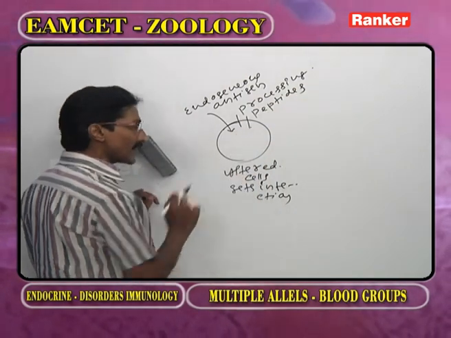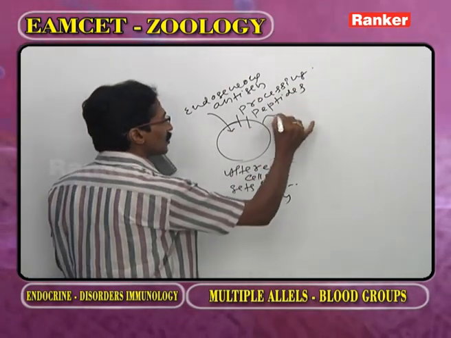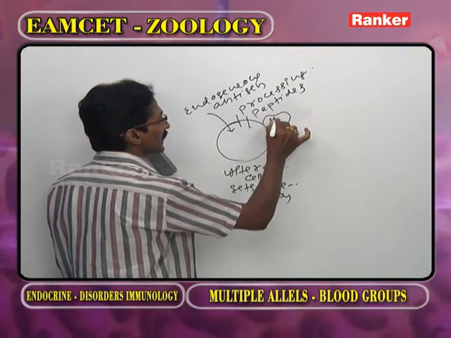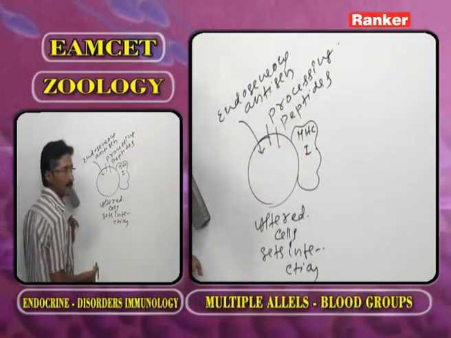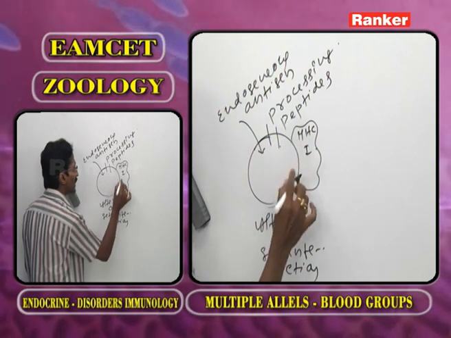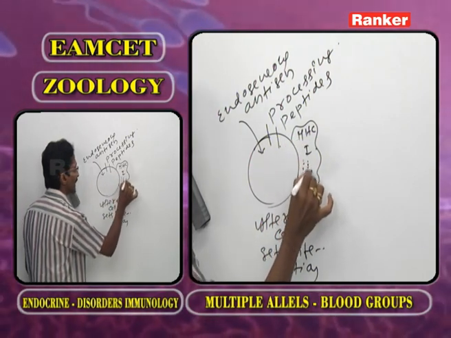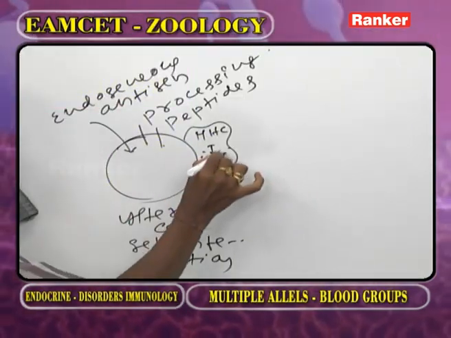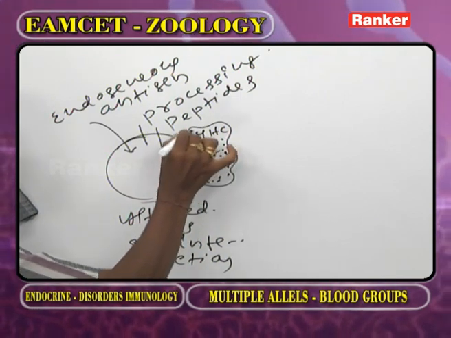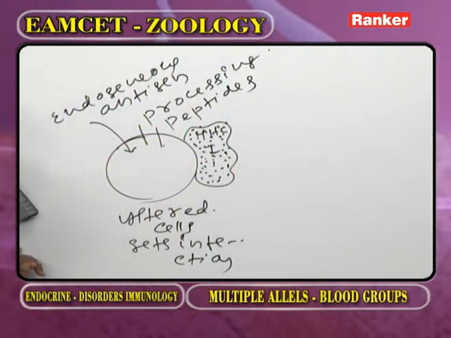Now on the surface of the altered cell, what type of MHC is present? MHC1. Now on the MHC1, the endogenous antigen is represented in the form of peptides. Now you have to observe the diagram.